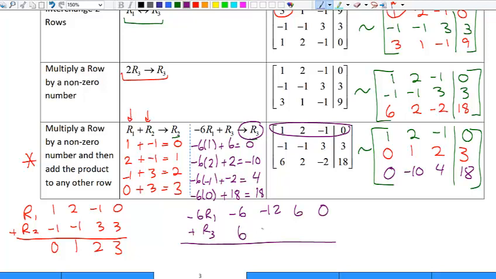Then I write row 3 below it, and then I can add down. It's the same exact answer. Do I care which way you do it? Not really. I just wanted to show you both ways so that you can pick whichever one you like the best.